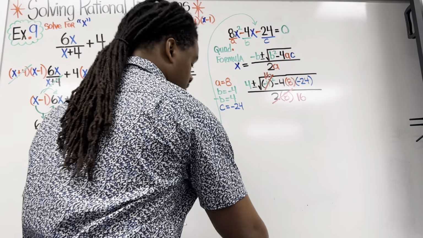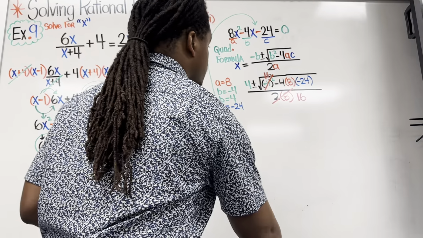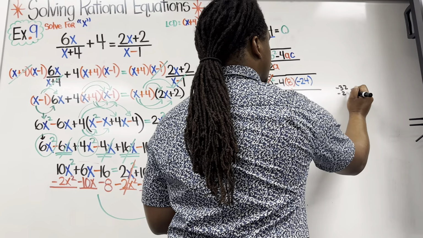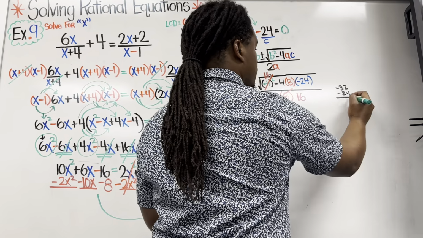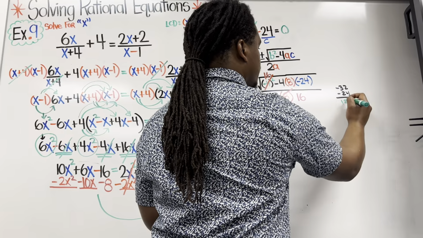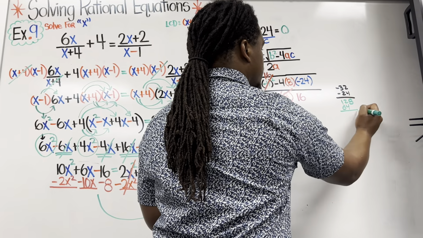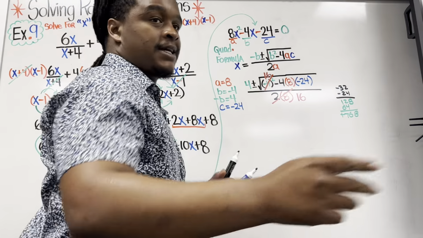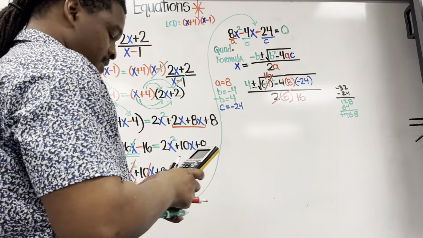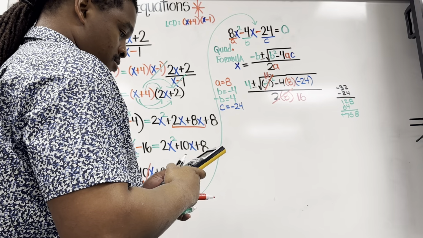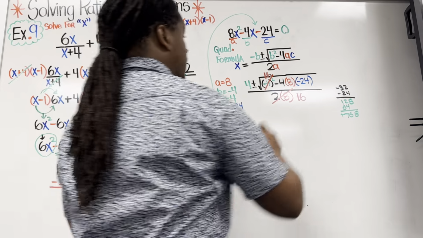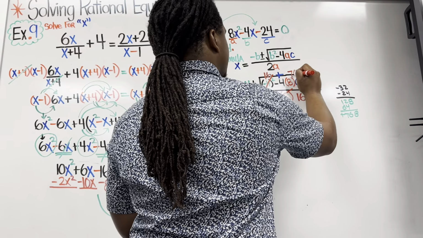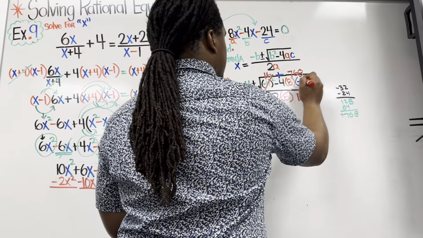Then -32 times -24 is a positive 768. Let me check with my calculator. Yes, 768. So this is going to be plus 768.